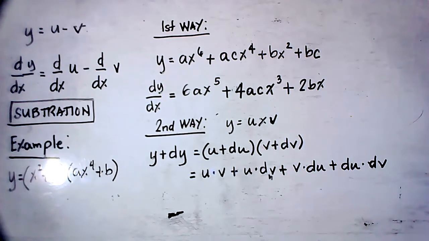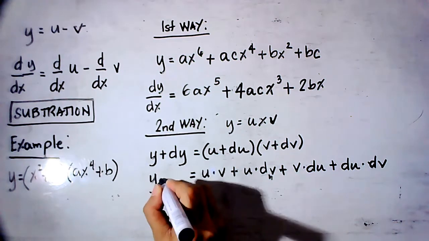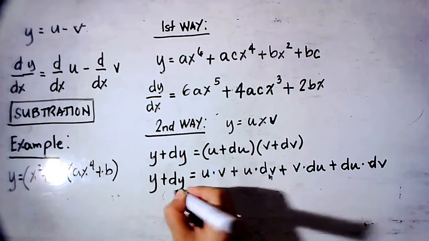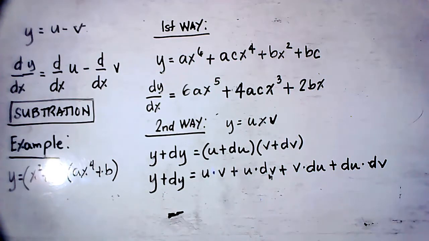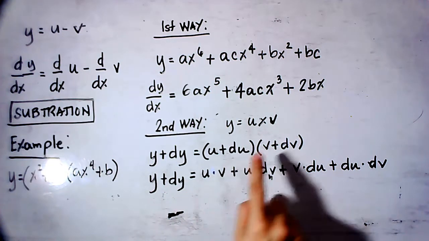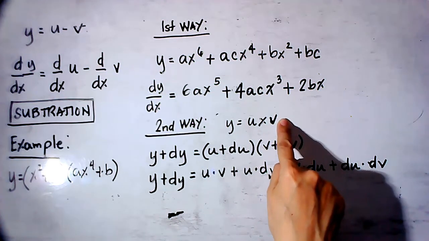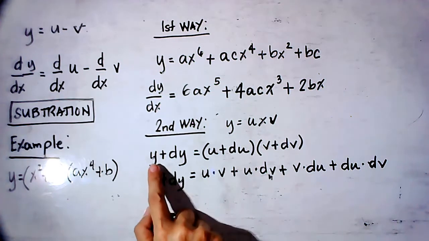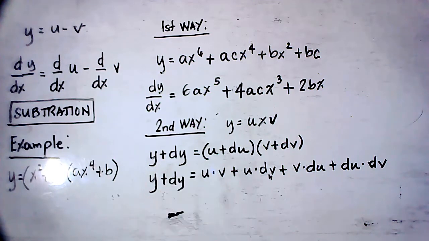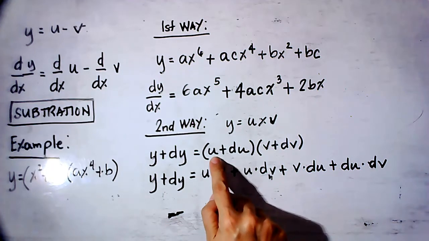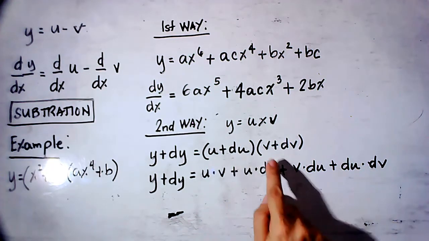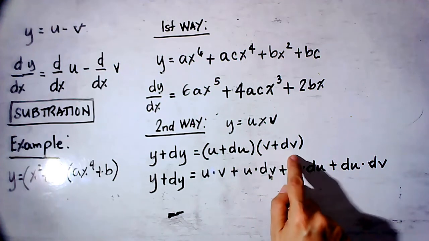So now you would notice, remember that in this first equation, y plus dy, u is one function of x and v is another function of x. Then we grow y, that would be y plus dy, and we grow x, that would be x plus dx. And then that means u will become u plus du, and v will become v plus dv.